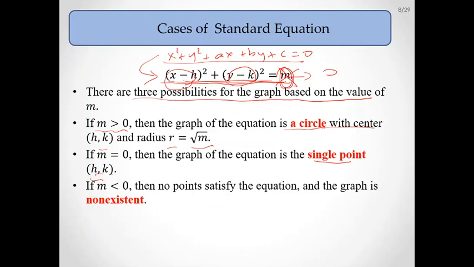Or if M is less than 0, you have something squared plus something squared equal to a negative value. It's not possible for real numbers, so you say the graph does not exist. Non-existent means ليس موجود. Single point, نقطة واحدة. Non-existent, ليس موجود.